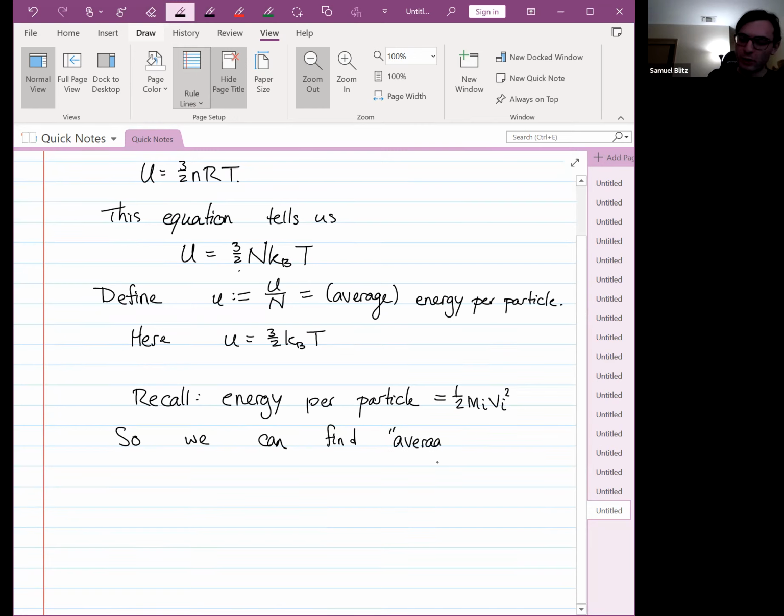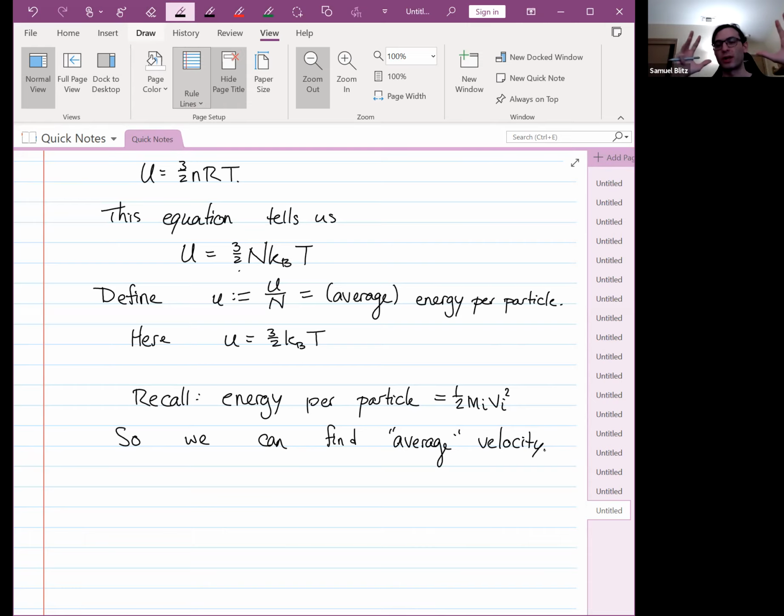Now we have to be careful here, because when I say average velocity, I don't mean just add up all the velocities and divide by the number of particles. The reason is that velocity is a vector, right? So even though on average they'll all have the same magnitude of velocity, they're all going to be pointing every which way. And actually, on average, the velocity is 0. A way to see that is that the gas as a whole isn't moving.